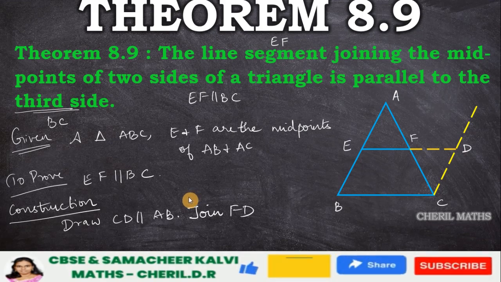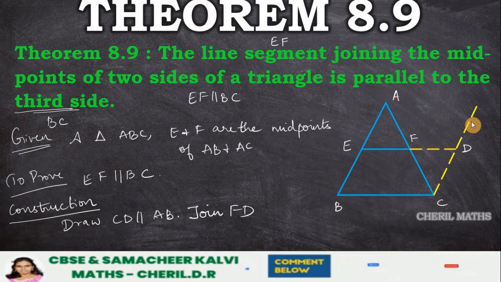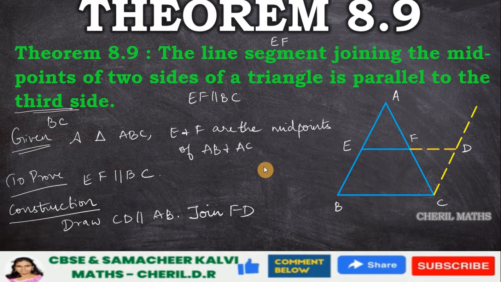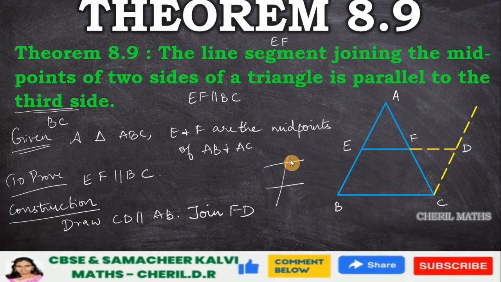So this is about the statement, what we have to prove, and what we are doing in the construction part. Now we can observe these two triangles, triangle AEF and triangle CDF. Before we do that, we see that AB and CD are parallel. If AB and CD are parallel, then we can say that this line ED is a transversal.